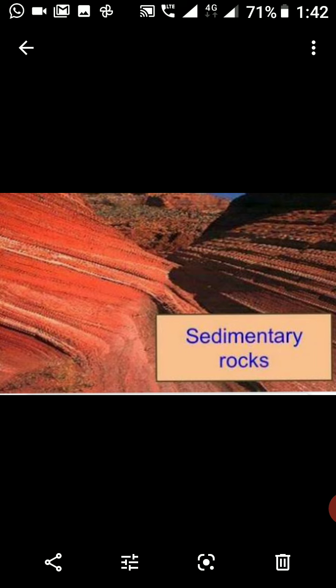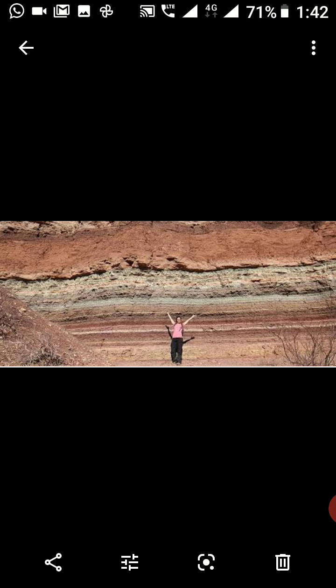So next is arenaceous. Arena means sand, so it's a sandstone. Arenaceous rocks are those which are made of particles with grain size between 1/16 to 2 mm in diameter. These are called sandstone.